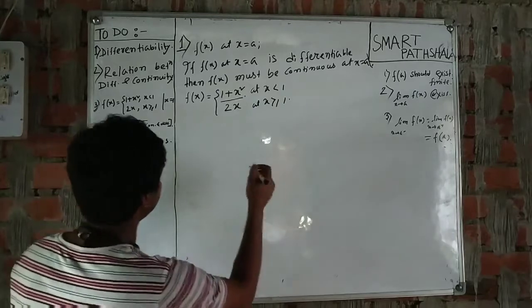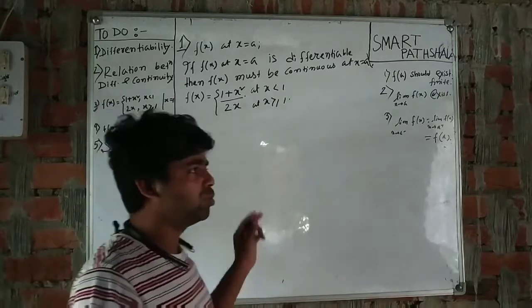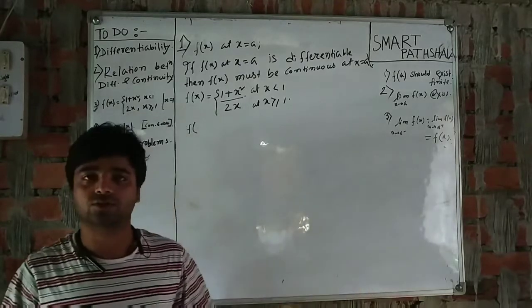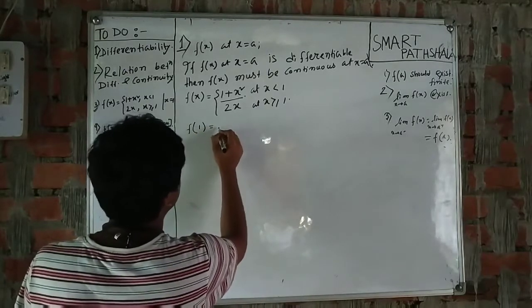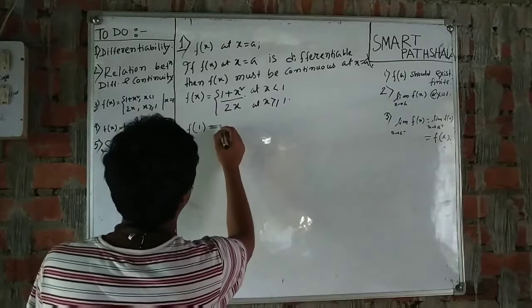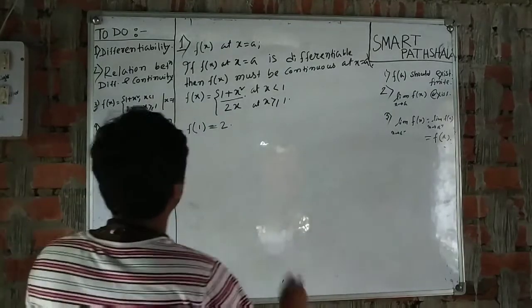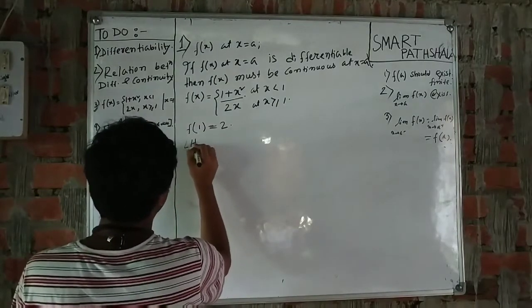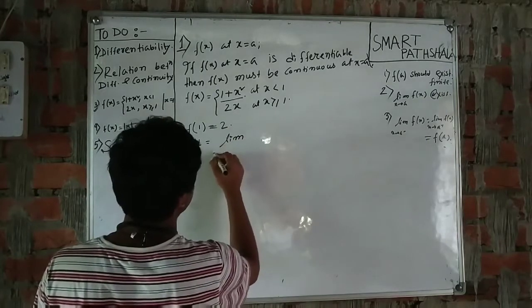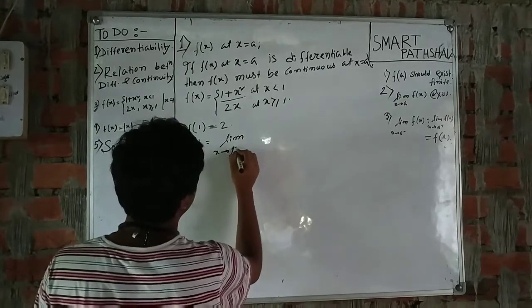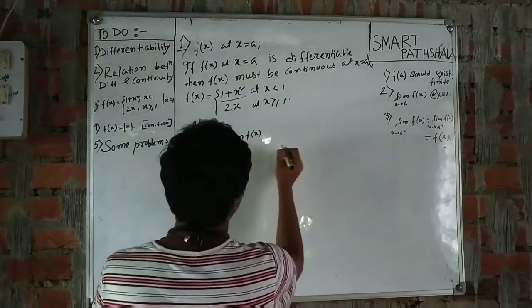Now suppose from this function, we are trying to prove it continuous at the point x is equal to 1. So if you find the value of f of 1, we will get 2. Again, if we try to find out the left hand limit of this function f of x, this will be written as limit x tending towards 1 minus f of x.